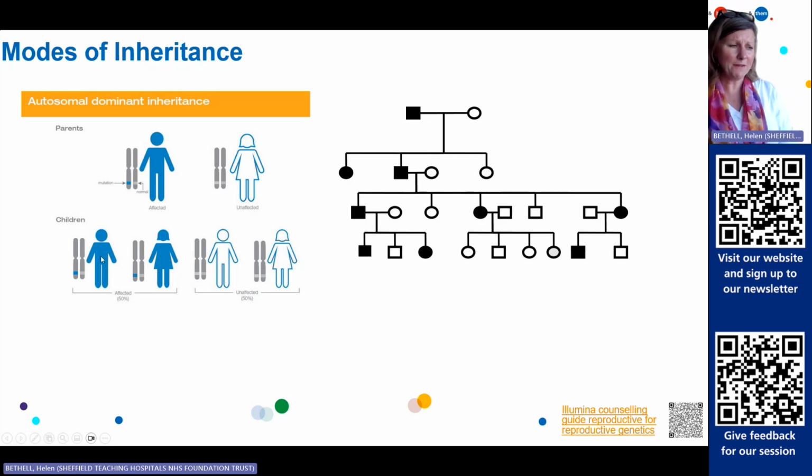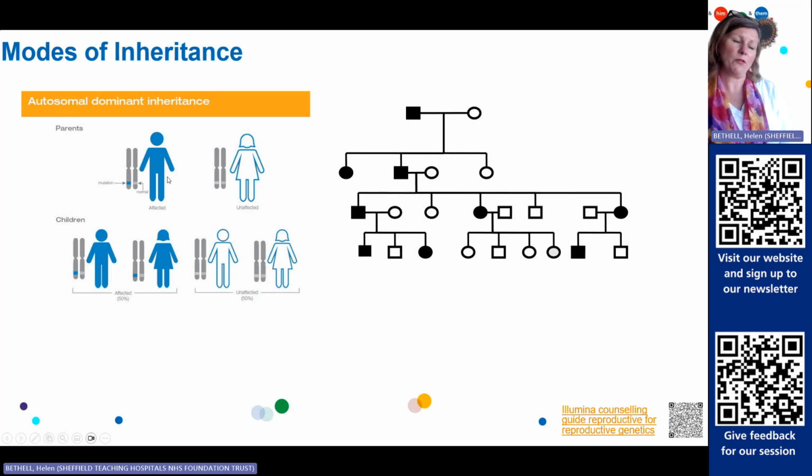On the left-hand side, we've got a child who's inherited a copy of the variant from his father, but a normal copy from his mother. In the second scenario, we've got a daughter who again has inherited the variant from her father, but has inherited the other slightly darker normal copy from their mother.